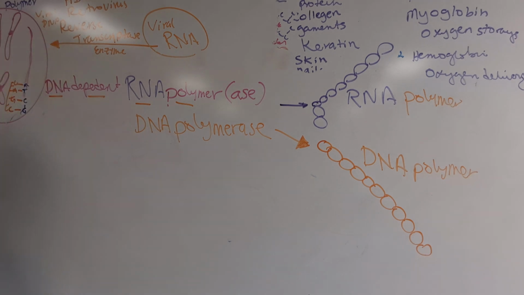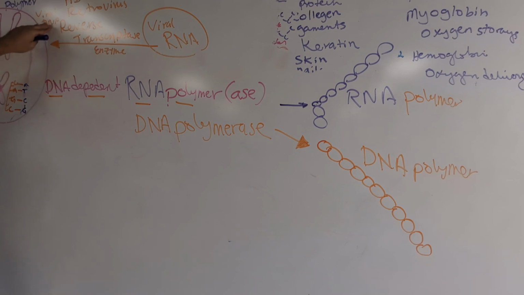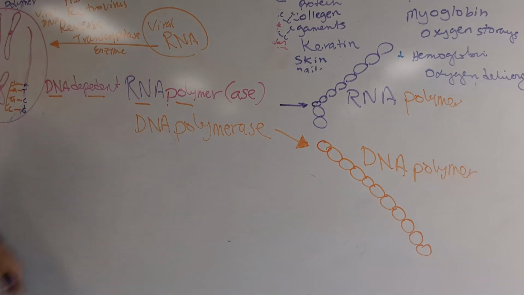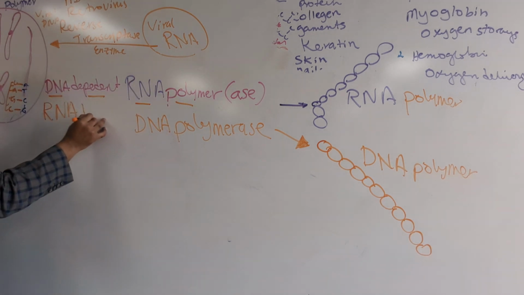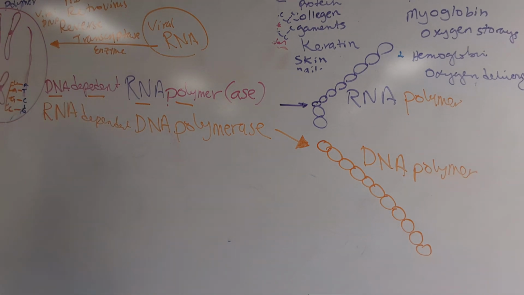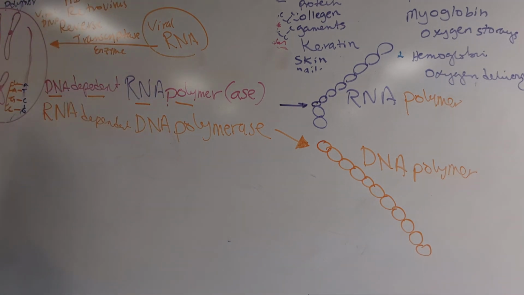It reversed from viral mRNA to viral DNA. So we need a DNA polymerase, but it was not dependent on a DNA. It was dependent on an RNA. So it's an RNA dependent DNA polymerase.